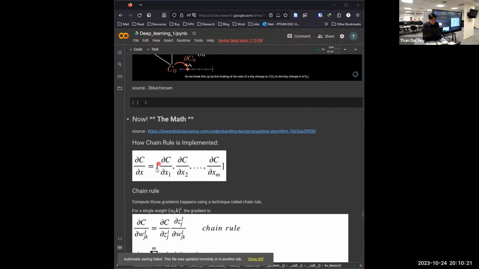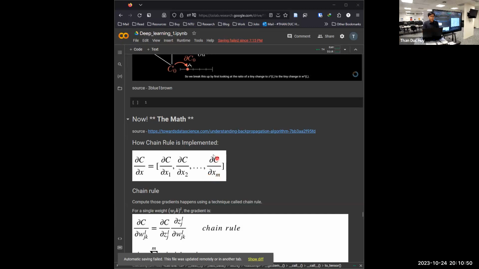So in this bracket, the partial differentiation of c over x goes from x1 all the way to xn, and each of the weights in the neural network is an element in this array. So if there are thousands of weights, then the array will be thousands long. So that is the idea.